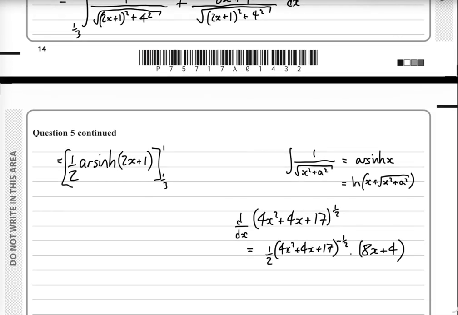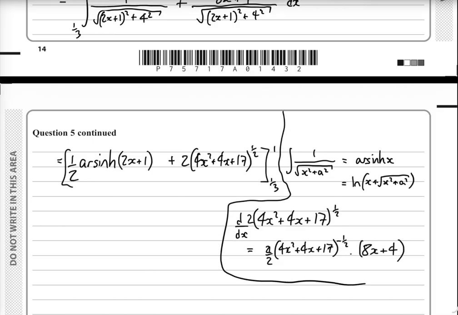Except for the half. If I want to get rid of that half, I need a 2 there, which means I need a 2 in front here. So that's plus 2 lots of 4x squared plus 4x plus 17 to the power half. I wasn't expecting to do that all in one row, so let me put that there like so, and all of this just off on the side there.